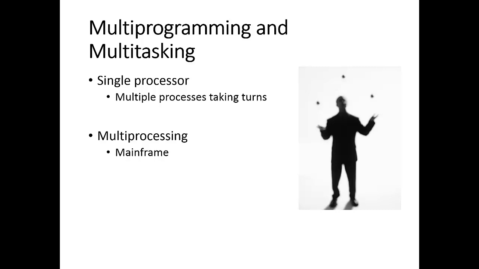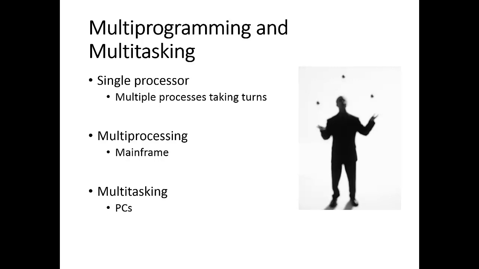The next situation is more familiar to us, which is multitasking, where you try to run multiple processes on your own personal computer. So again, if you have only one CPU, then the only way to have multiple programs running at the same time is by taking turns.